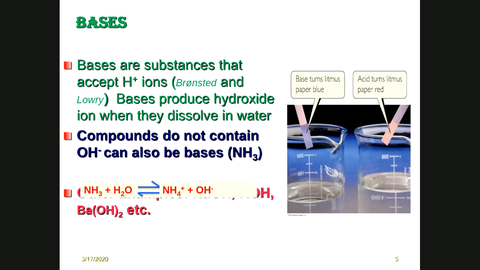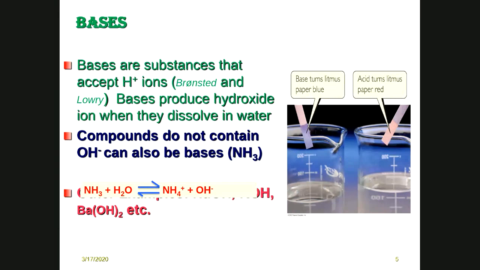Arrhenius said that bases are those substances that, upon dissolving in the water, give out the OH minus ion, the hydroxide ion. But later on, Bronsted and Lowry, who were brother and sister scientists, said bases can also be those substances that accept H plus rather than giving OH minus ion. Some substances accept H plus, and they are also bases.